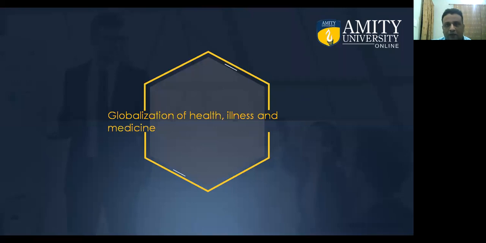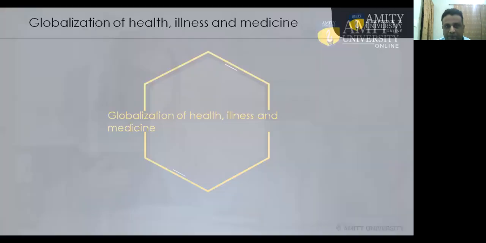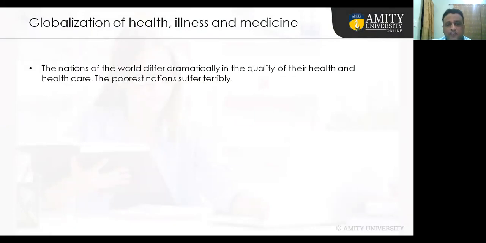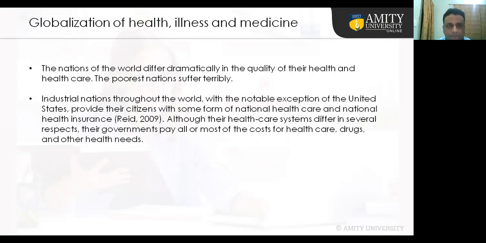Next subtopic: globalization of health, illness, and medicine. The nations of the world differ dramatically in the quality of their health and healthcare. The poorest nations suffer terribly.